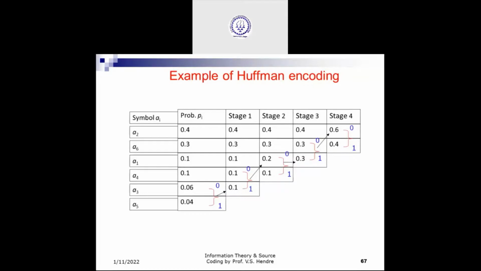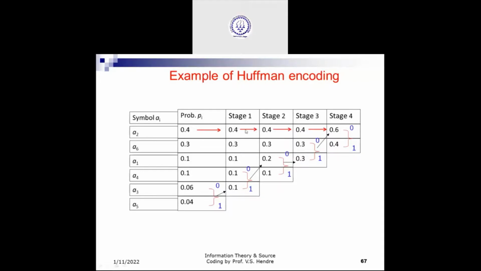Now the most important thing that I need to focus on is collecting the code word for each and every symbol. So how am I going to collect this particular code word? I will focus on the code word for 0.4. Look at 0.4. If I start here, I have never found any binary 0 or 1. So there is no code for stage 1.